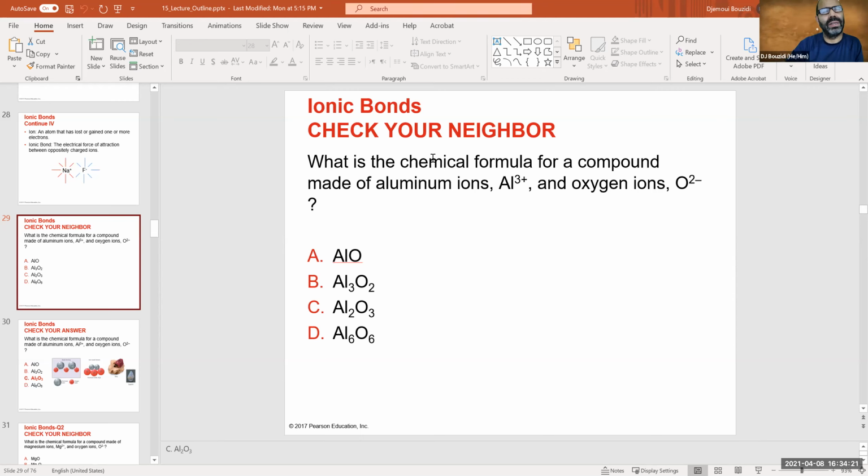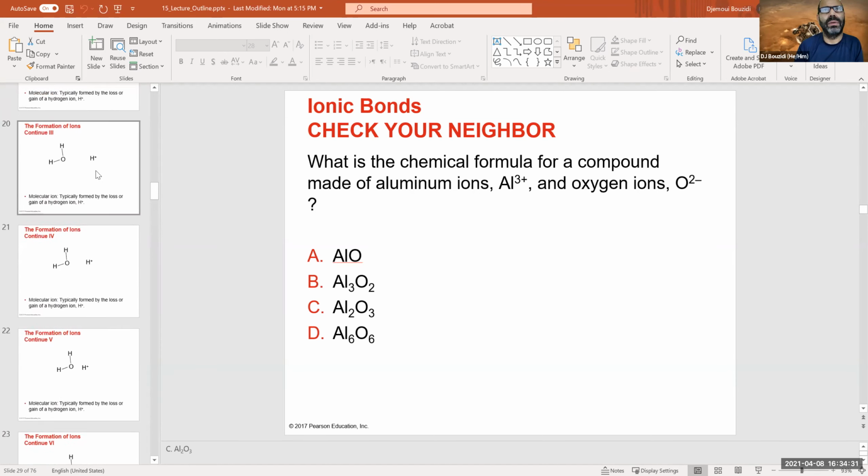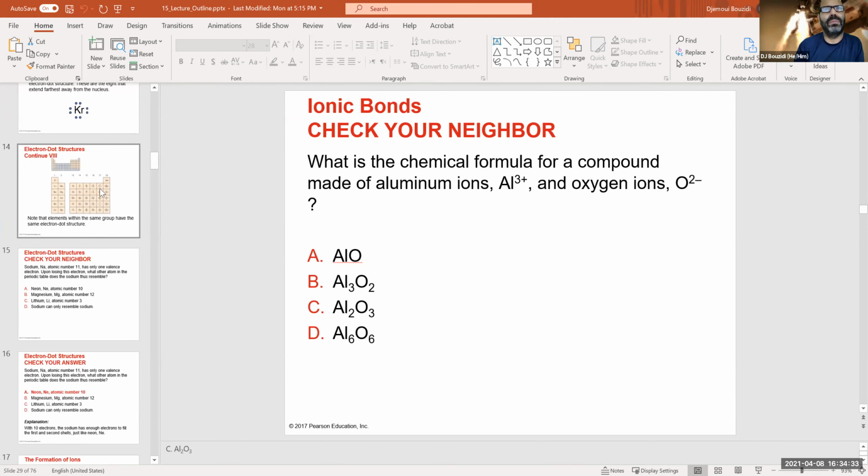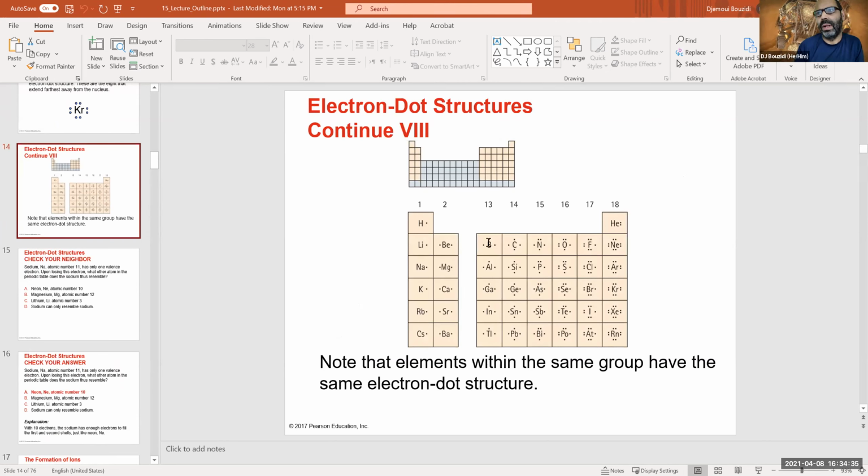Remember, aluminum behaves like boron in this case; it belongs to the 13th group. So it has 3 electrons that it can give.